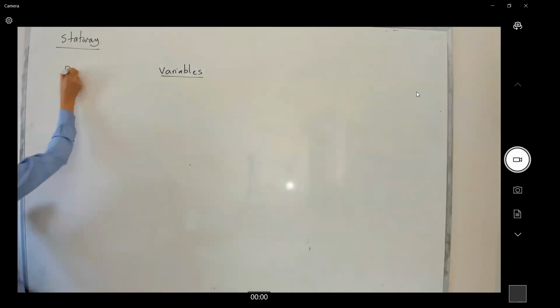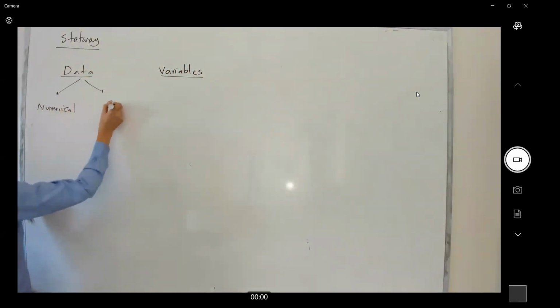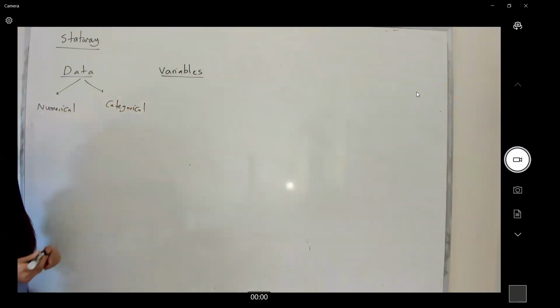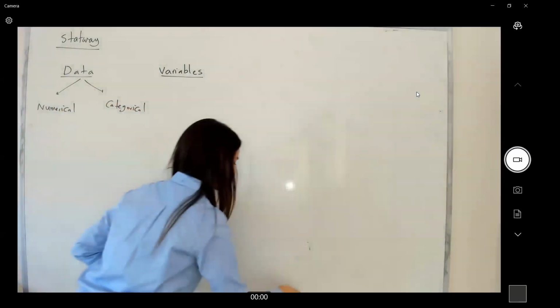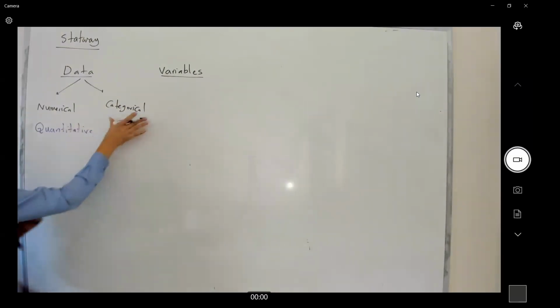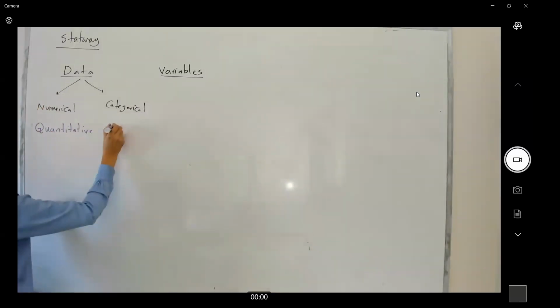Data are either numerical or categorical. Another name for numerical data is quantitative. Another name for categorical data is qualitative. We're talking about quality.